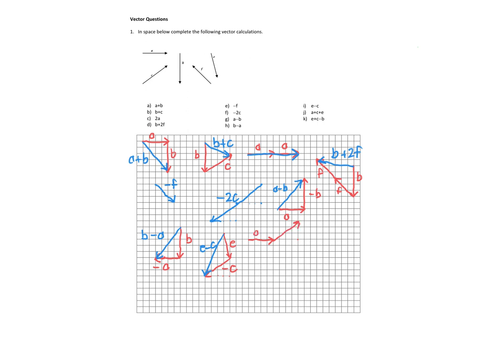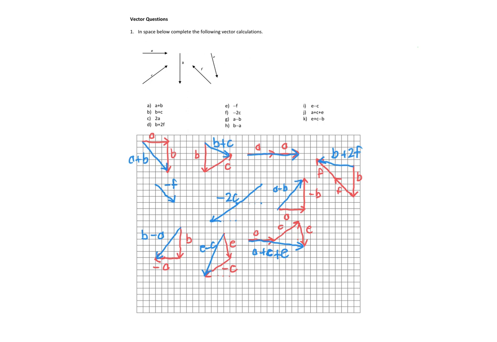So that's A plus C. And then E goes 1 across, 4 down, which takes us down to here. And again, we go to the tail of A and across to the tip of E, which was our last one. So it's not drawn really clearly, but I think you see what's happening there. That was A plus C plus E.